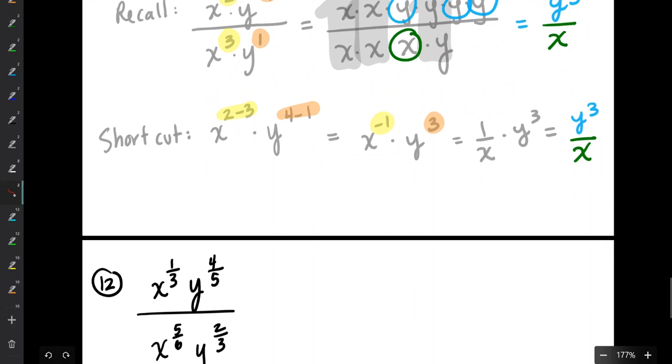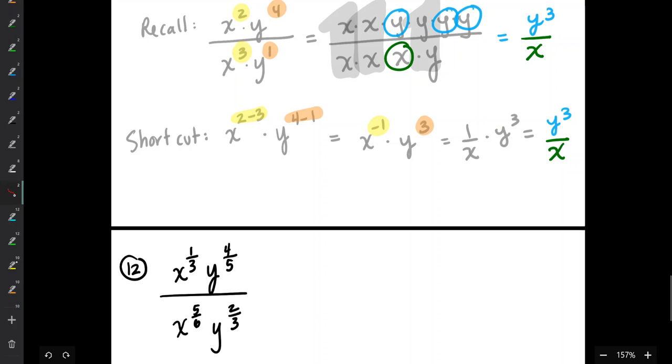Let's even see if we can have it on the same screen. And this is multiplication. So this is x to the 1/3 minus 5/6 times y to the 4/5 minus 2/3.